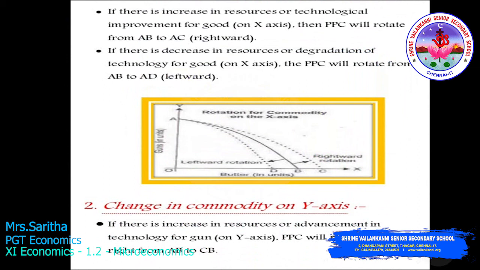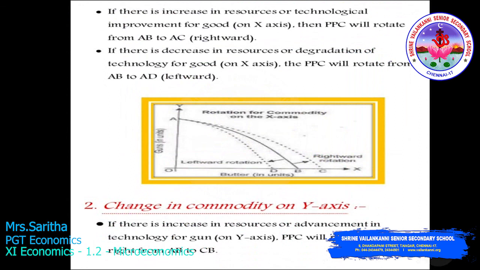Now let's move on to change in the commodity on the y-axis. So far we have discussed the x-axis. If there is an increase in the resources or advancement in technology, for example for guns on the y-axis, with butter on the x-axis, the PPC will rotate to its right from AB to CB, rightward.